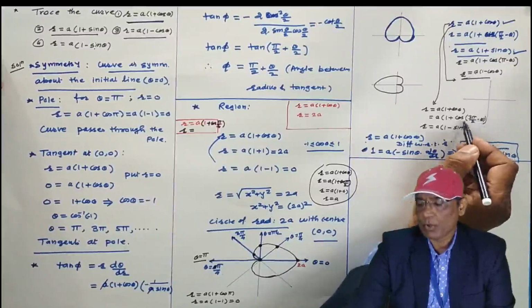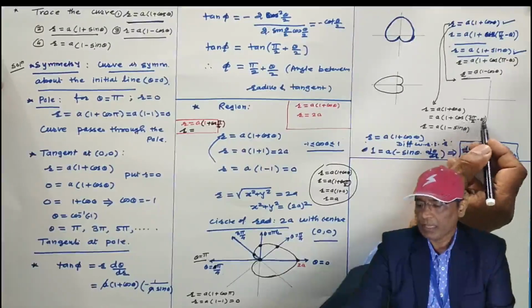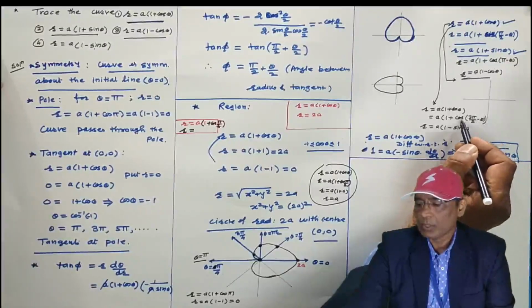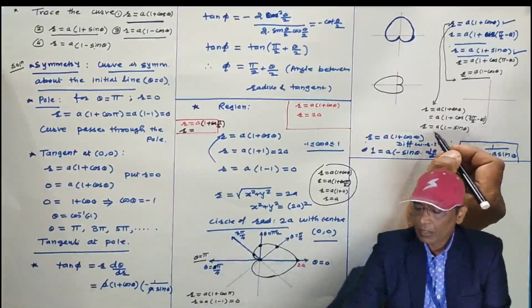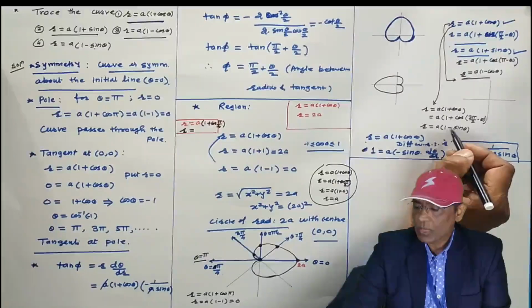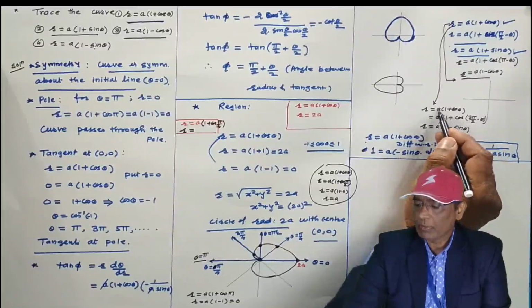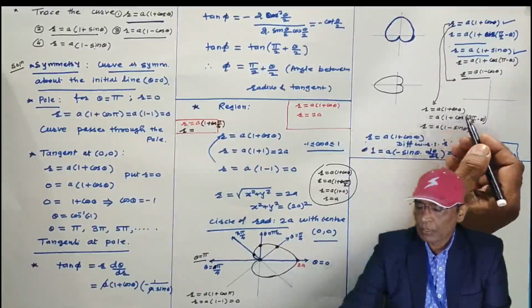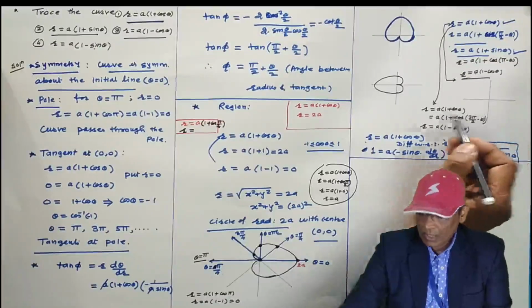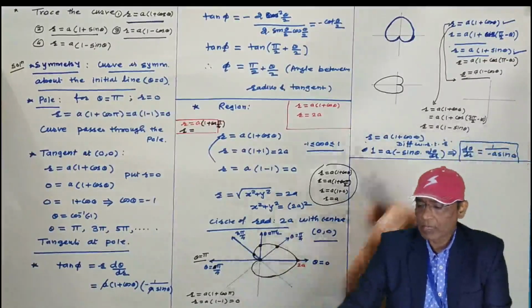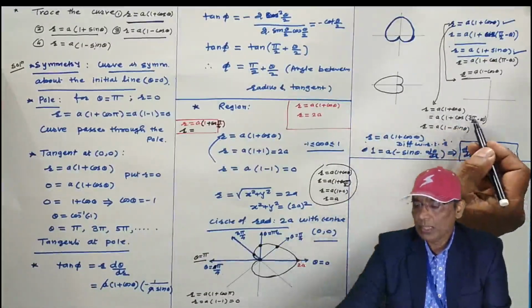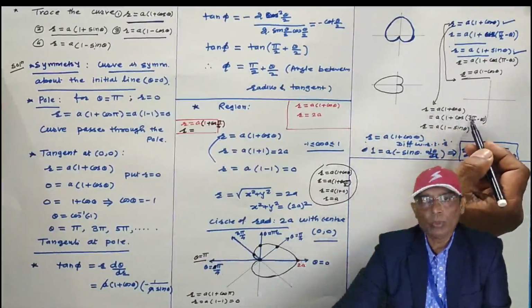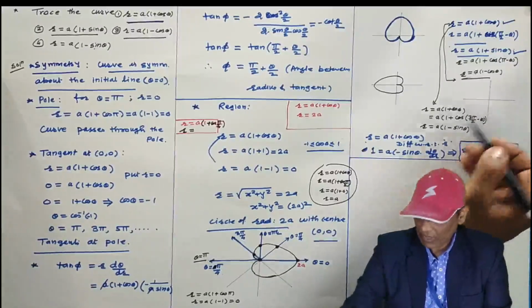In the expansion of cos(A minus B), plus will be there, sin theta into sin 3 pi by 2, and sin 3 pi by 2 is what? Minus 1. So r is equal to a(1 minus sin theta) we have obtained from r is equal to a(1 plus cos theta). So this curve we have to rotate through 3 pi by 2, or through 270 degree, in anti-clockwise direction.